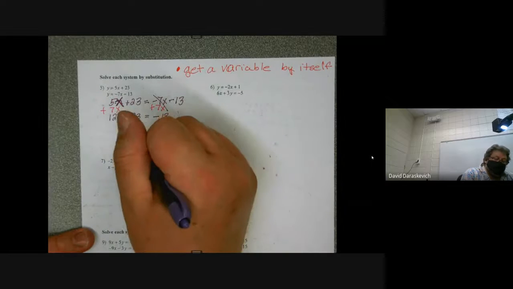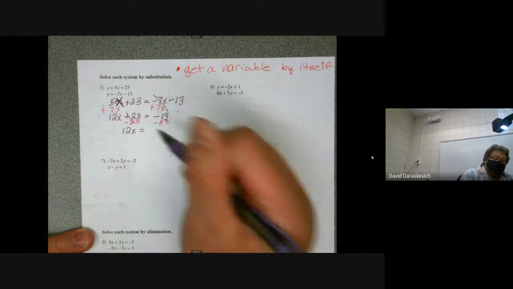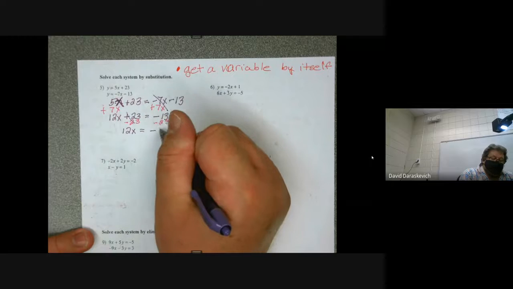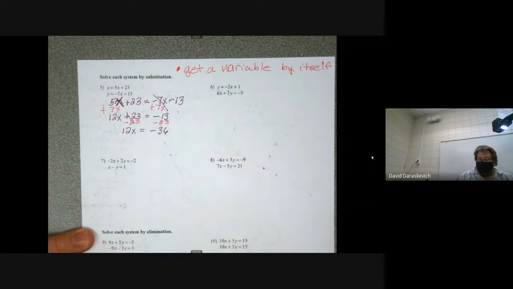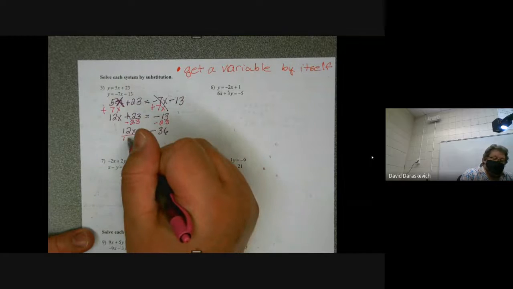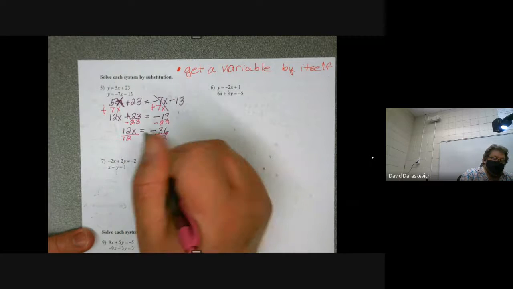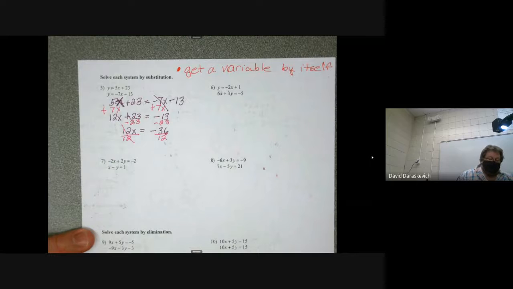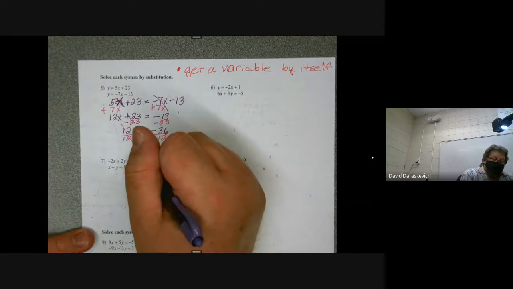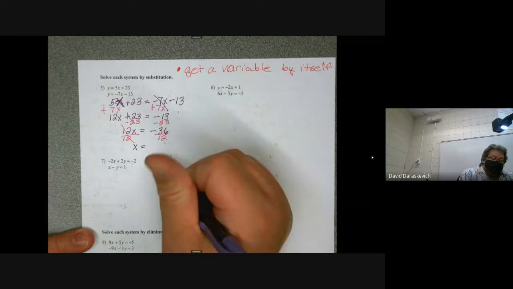I get 12x equals -36. Divide both sides by 12. And I get x equals -3.